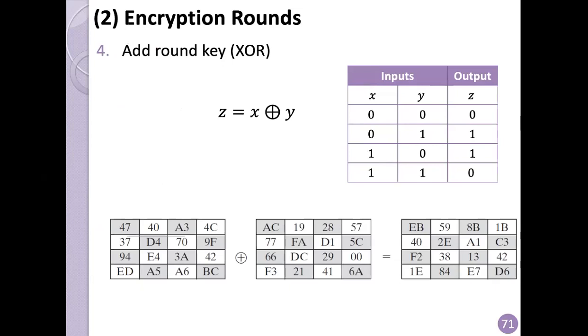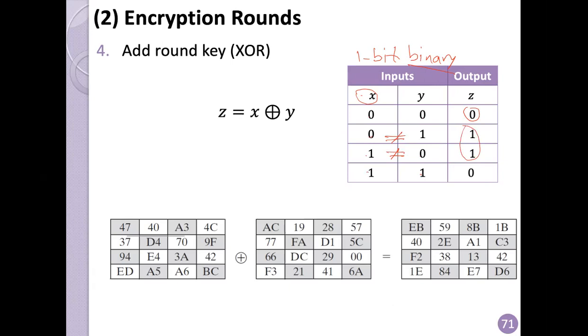Here's the XOR. If you have 2 inputs, X and Y, of course 1 bit values in binary. XOR is a logical operation that works on binary numbers. If you get 0 and 0, the XOR is going to be 0. If you have 0, 1 or 1, 0, which basically means that they are not equal, the XOR is going to be 1, and if they are both 1, the XOR is going to be 0.